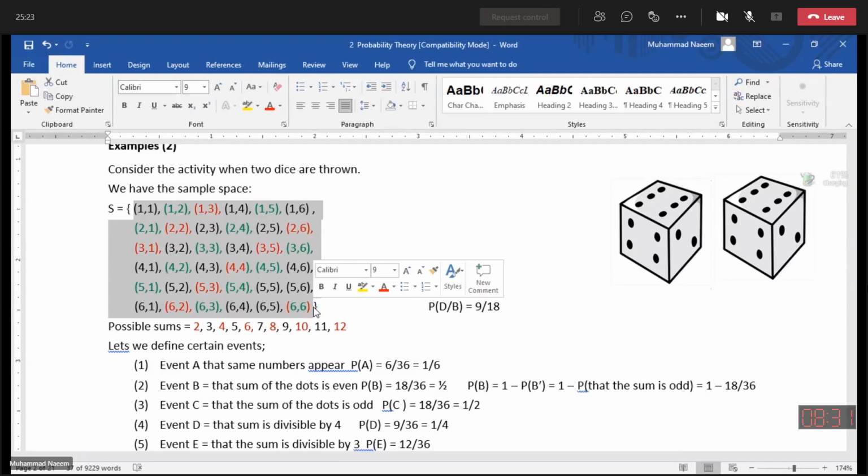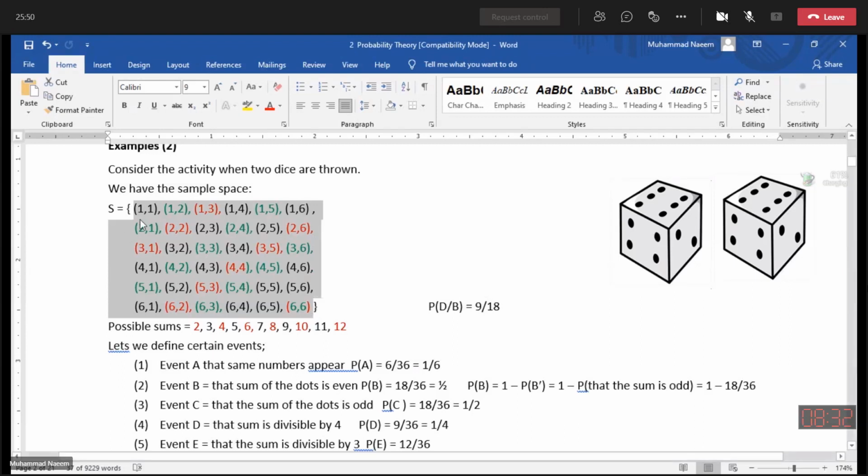Let me define event A, that the same number appears on both the dice, on both the die. Die is singular, and dice is the plural word. So A is the event that the same number appears.